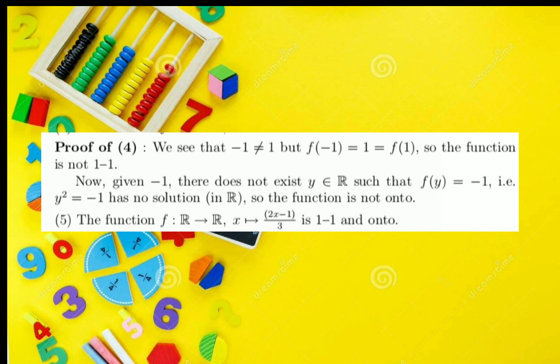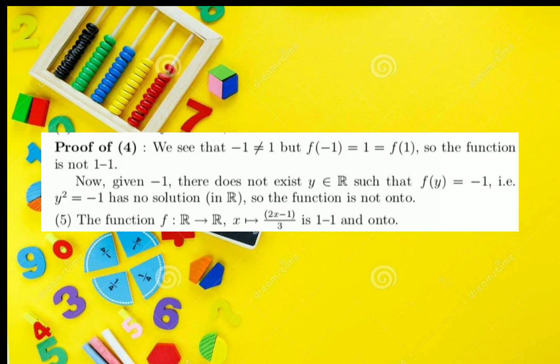Let's proceed to the proof of 4. We see that negative 1 is unequal to 1, but the function at negative 1 equals 1 equals the function at 1. So the function is not one-to-one.